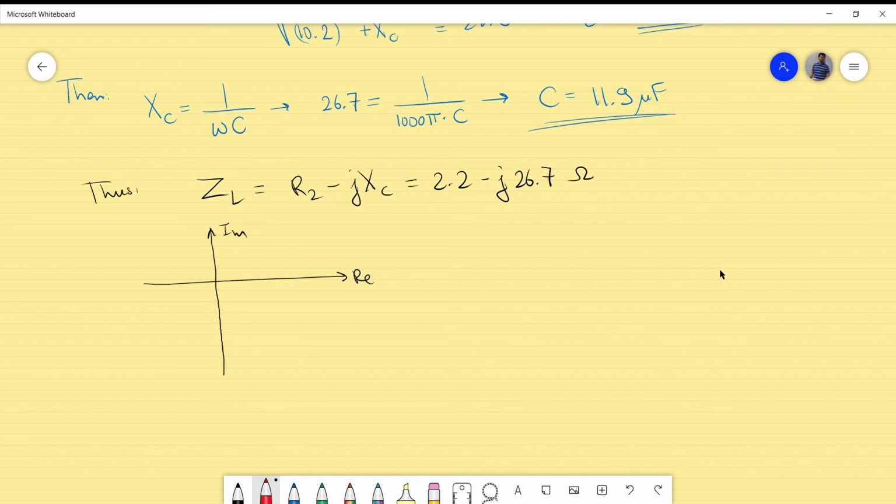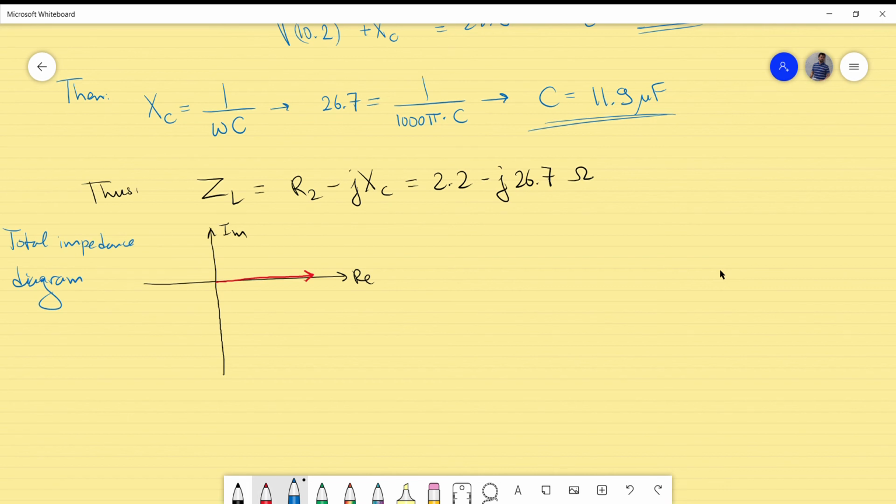This is again the total impedance diagram.